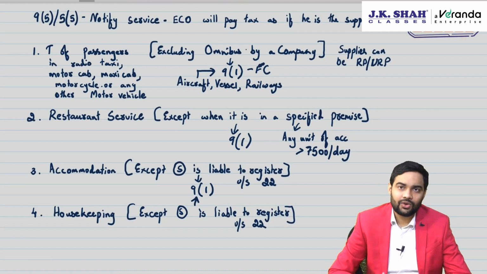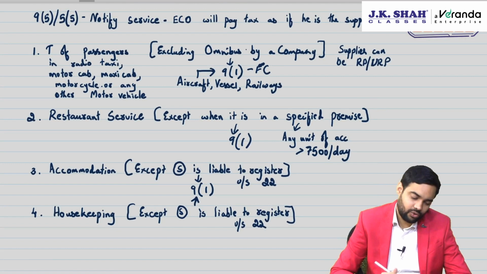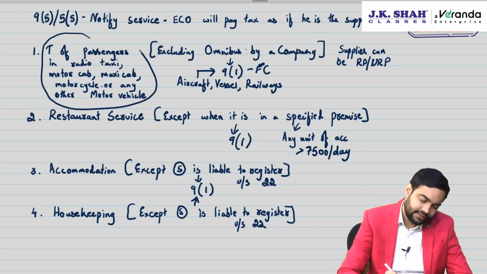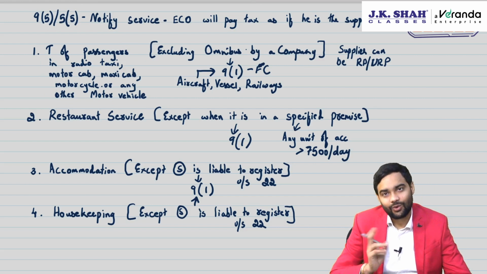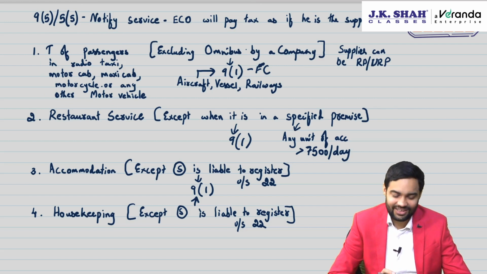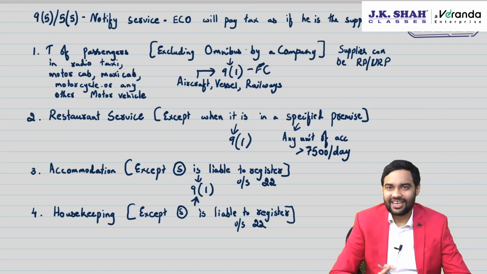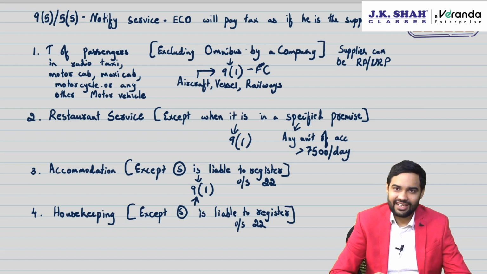So this is how the entries look. Clear? Omnibus is there in this entry, then in the next entry omnibus is included, then omnibus by a company is excluded. So instead of writing that, we have written it in one entry.